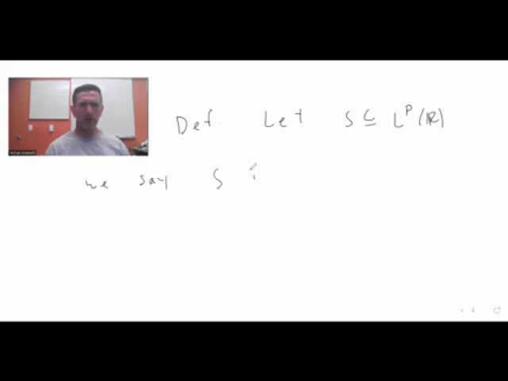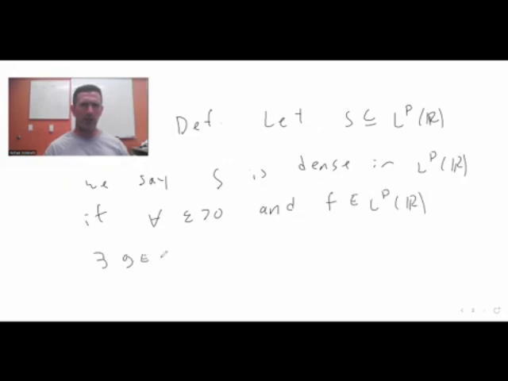We say S is dense if for any epsilon bigger than 0 and F in LP, there exists G in S where this here is less than epsilon.